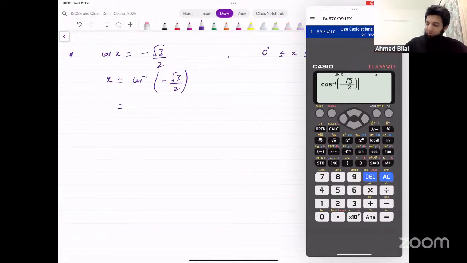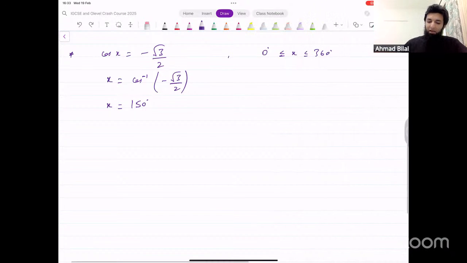This is giving me 150 degrees. Okay, so that's one possible value of x that I'm getting for this equation. So that's one solution, x equals 150. When x is 150, the value we get is negative square root of 3 over 2.